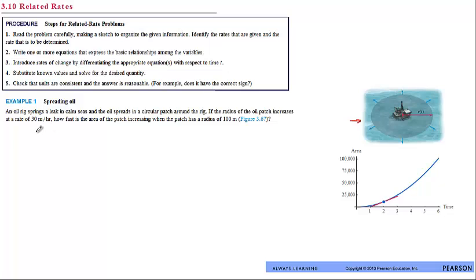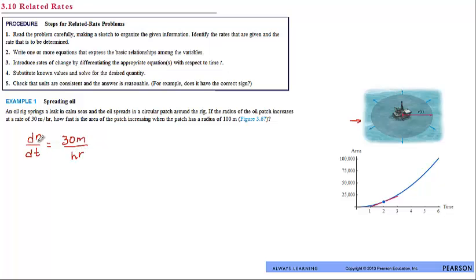I don't think they say draw a picture, but that is the first thing I do. The next thing I do is I read through the problem and I try to write down some of the information. They tell me that the radius of the oil patch is increasing at a rate of 30 meters per hour. I know that the radius is changing at a rate that implies derivative of 30 meters per hour.